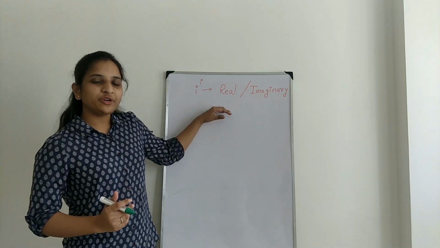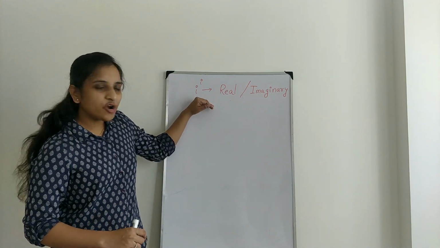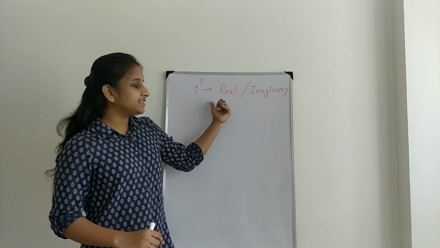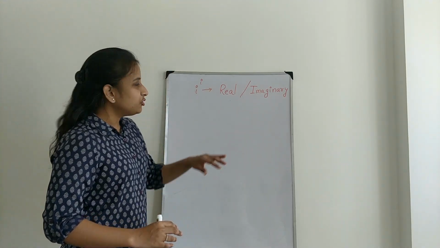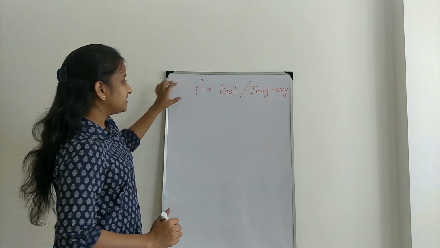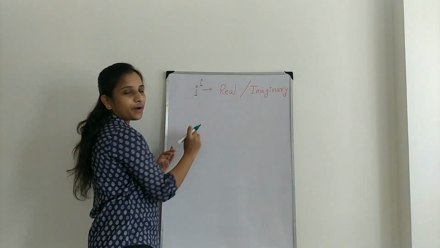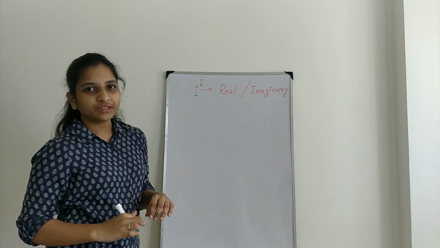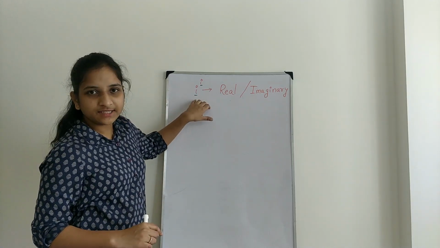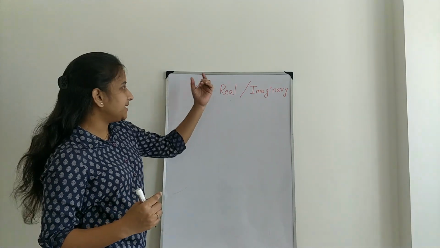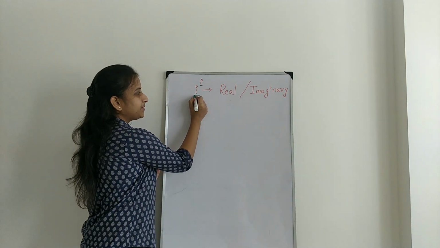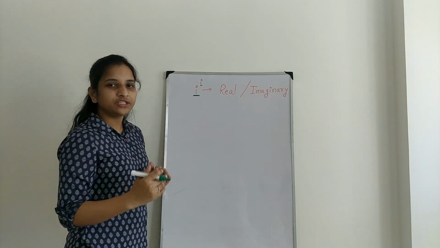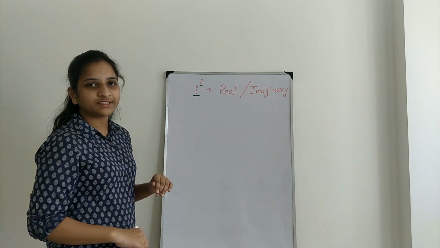Now let's come back to our first question. Iota power iota. Is this real or imaginary? How to solve this? This is a complex number, and again the power is also complex. So it is better to bring this into Euler's form and multiply the power. Okay. Now let's bring this base i into the standard form so that we can apply Euler's.